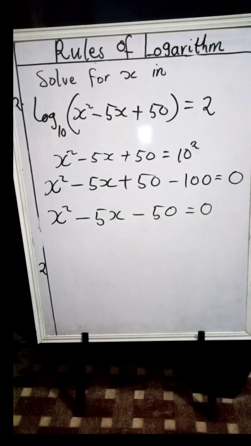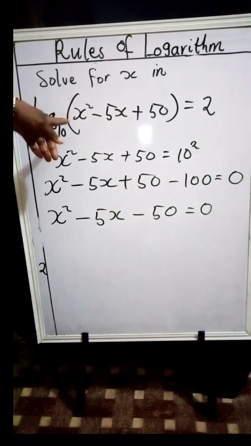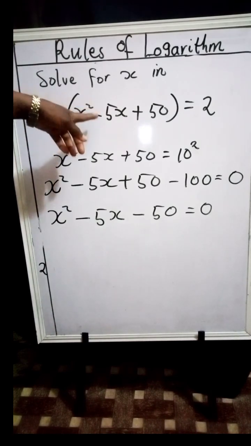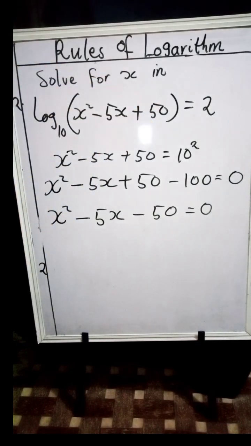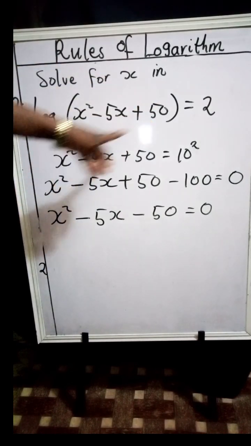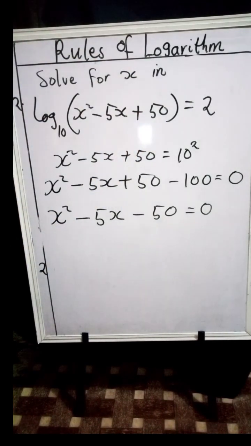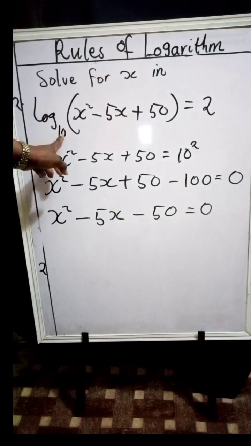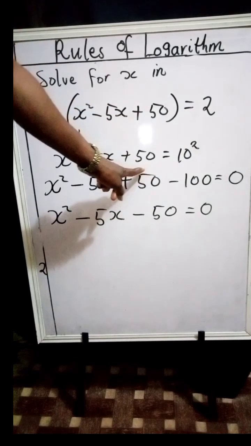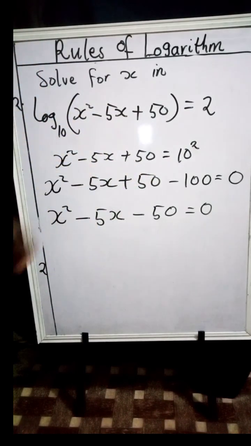Let's look at this second equation. We have log x squared minus 5x plus 50 base 10 is equal to 2. What do we have to do? We have to change this logarithmic form into index form. By changing that, we raised the 10 to power 2, which is now in index form.